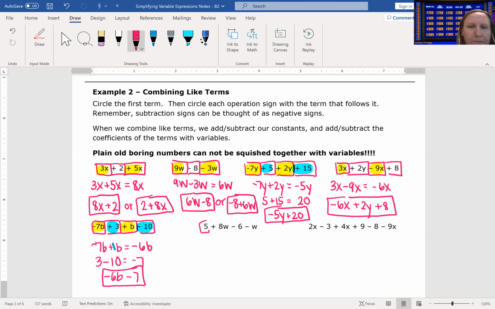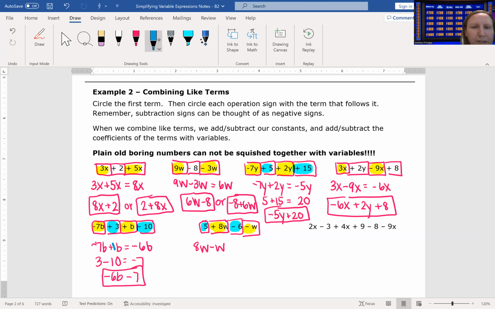Okay, we got 5 plus 8w minus 6 minus w. For my variables, I have a plus 8w and a minus w. And for my constants, I have a 5 and a negative 6. So for my variables, 8w minus w.